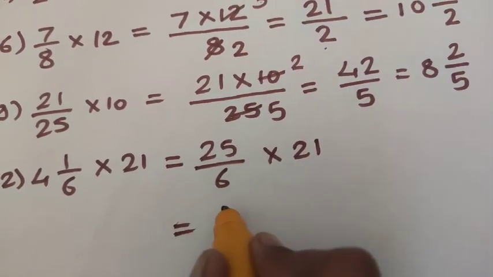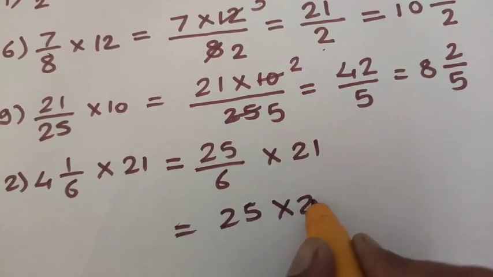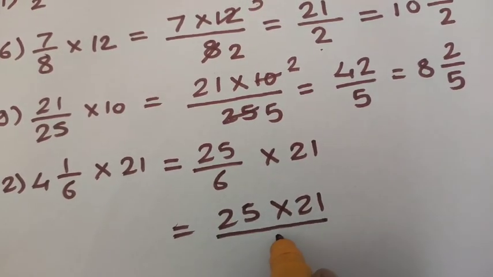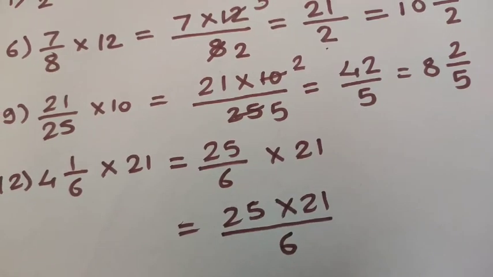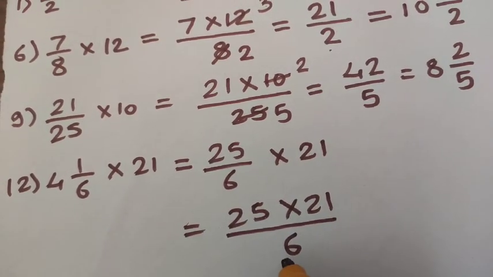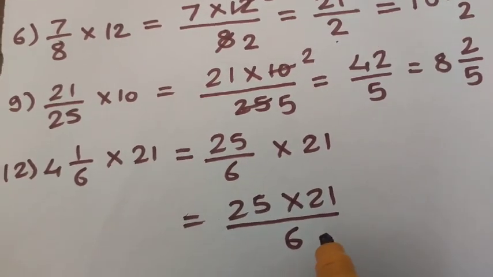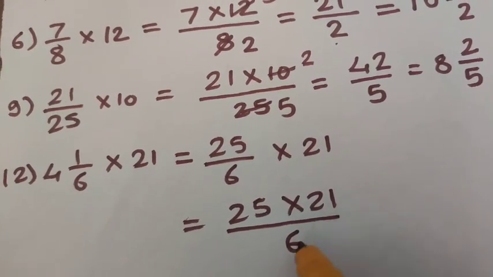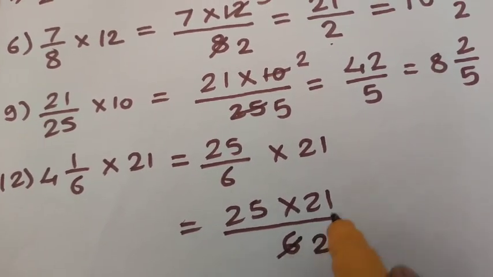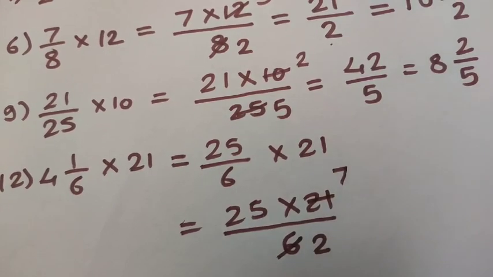Now 21 and 6 are divisible with the 3. Yes, both the numbers are divisible with the 3. So 3 2s are 6, 3 7s are 21.